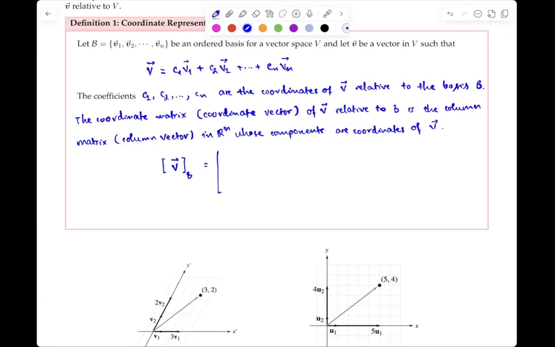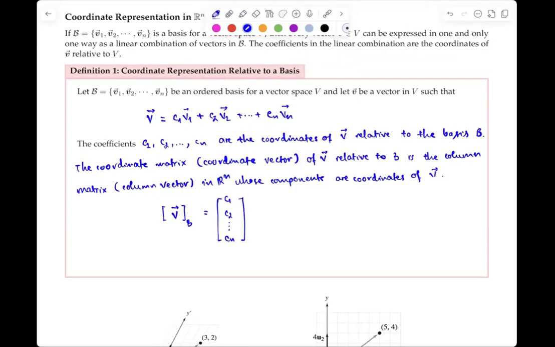This is equal to C1, C2, up to Cn, the collection of all the coefficients in the linear combination. That is the definition of coordinate representation relative to a basis.